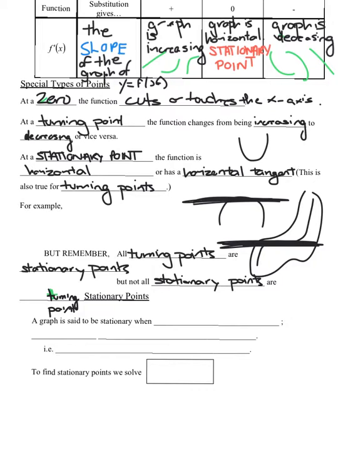All right, a graph is said to be stationary when it's momentarily horizontal. It's neither increasing nor decreasing. So at that point in time, it's like it's stopped moving.